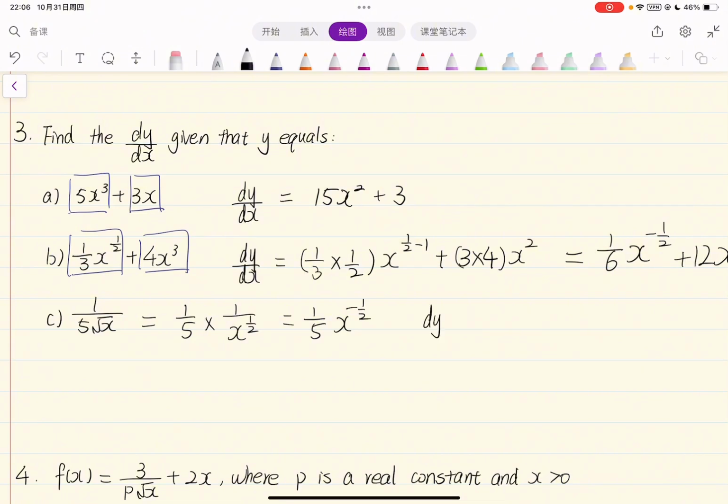Then we can differentiate it. We have dy over dx equals 1 over 5 times negative half times x to the power of negative half minus 1, which equals negative 1 over 10 x to the power of negative 3 over 2.